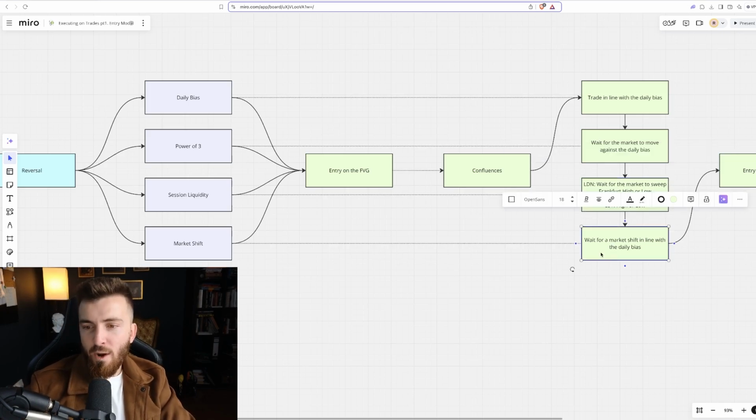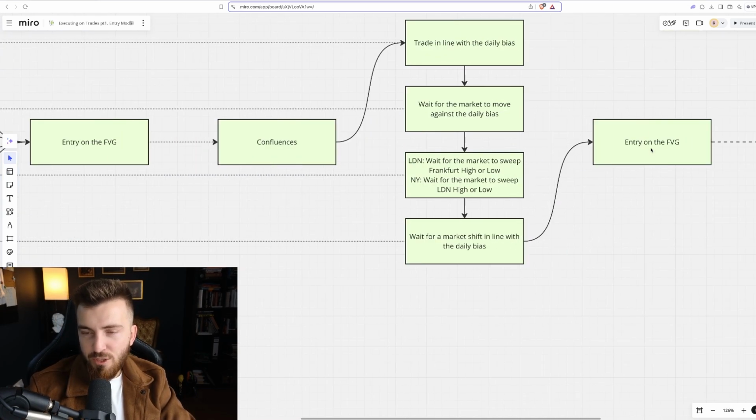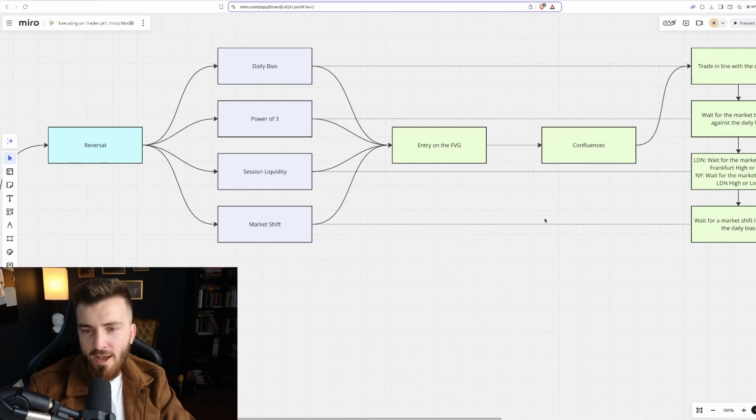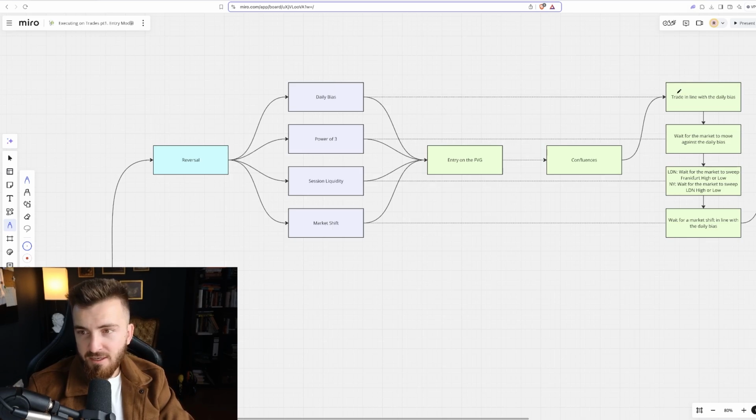And then wait for a market shift in line with the daily bias. And that's when you enter on the fair value gap. Now, why are these lines here? Because when I say that we need the daily bias, I mean trade in line with the daily bias, right? So trade in line with the daily bias.